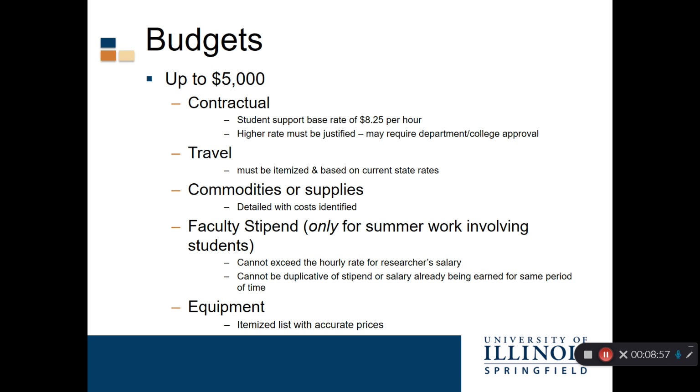I just have a comment before you get too far. When you go to the site and you open the guidelines for the Competitive Scholarly Research Grant, pay particular attention to Article 3 on grant request format and schedule for submission.